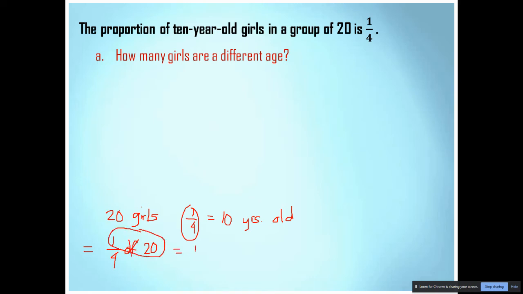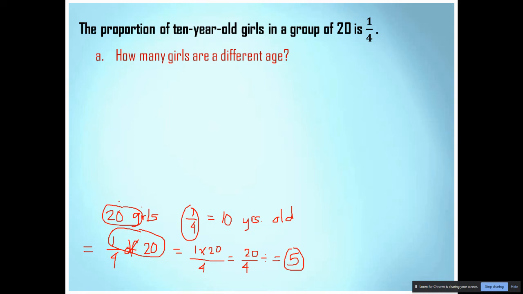So 1 times 20, and then write the denominator 4. 1 times 20 is 20 divided by 4. So what's the answer? 20 divided by 4 is 5. And that means 5 of these 20 girls are 10 years old.